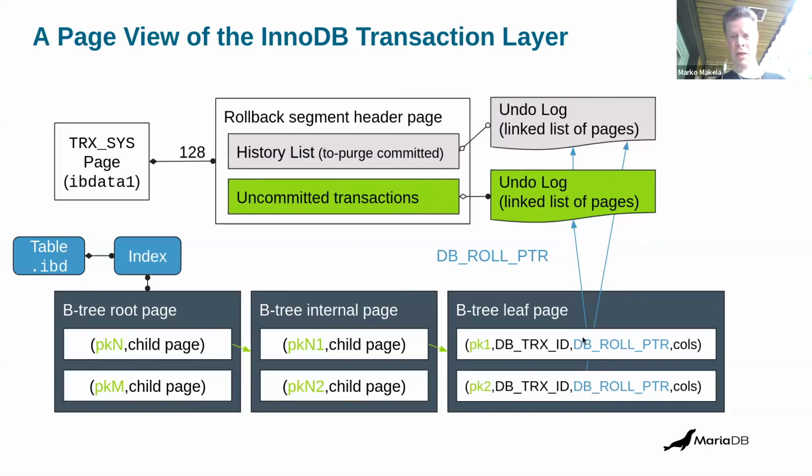And for lock checks, if we check whether the record is implicitly locked, we look up the transaction ID in a main memory data structure. If it exists there and the transaction is not in committed state, then we know that we have to wait for a lock. We will create an explicit lock on behalf of that transaction.